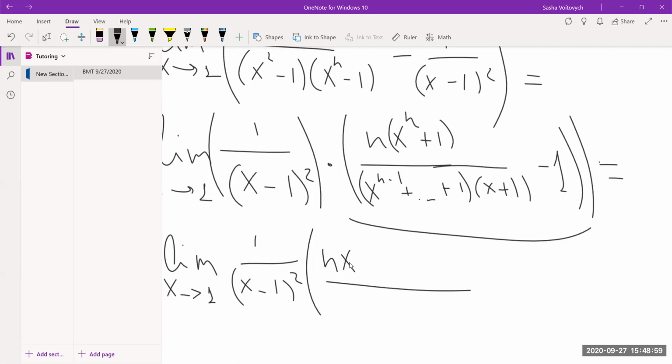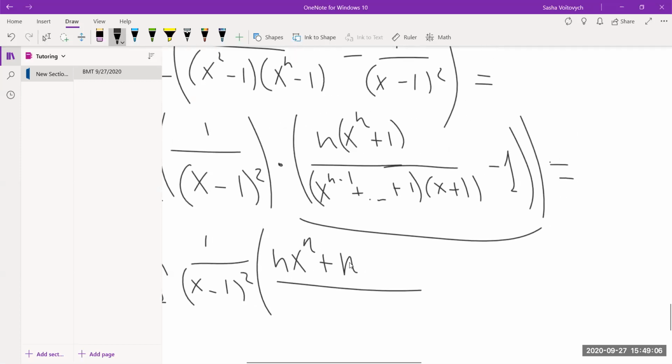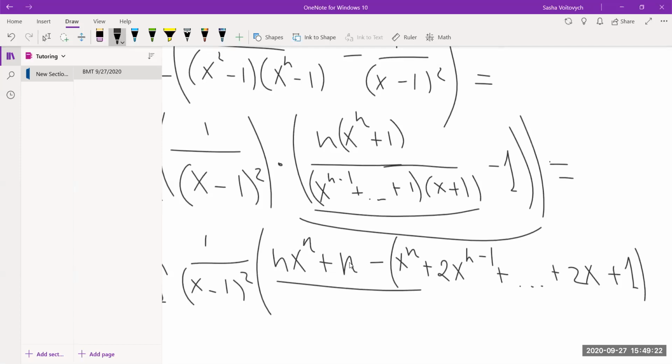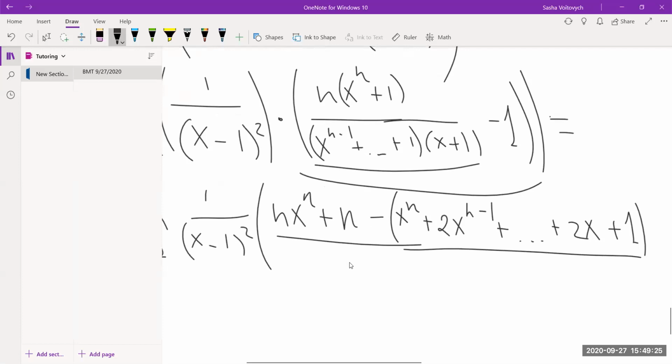So we will have n x to the power of n plus n minus x to the power of n minus 2 plus 2x to the power of n minus 1 plus 2x plus 1. So we look at this expression, and then we can divide it by this guy.